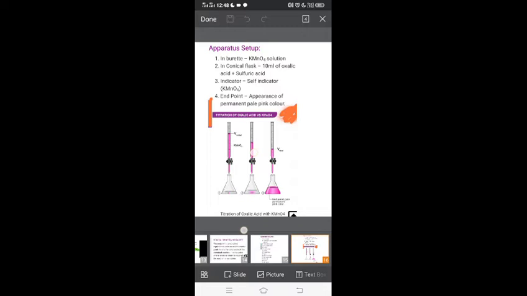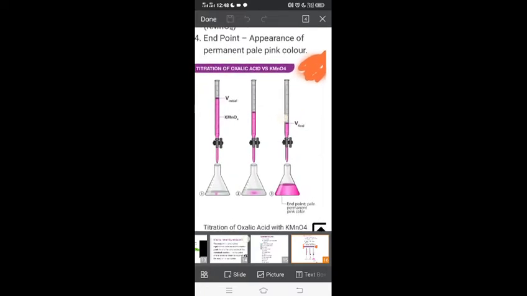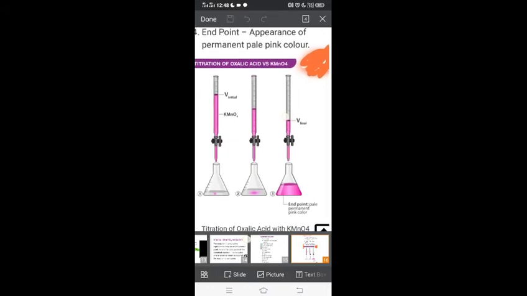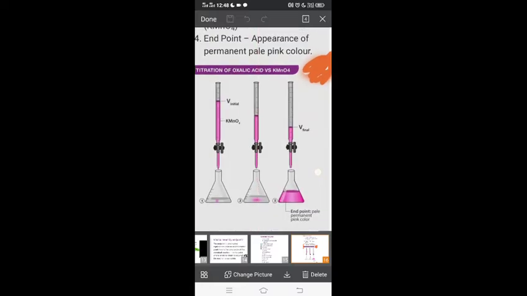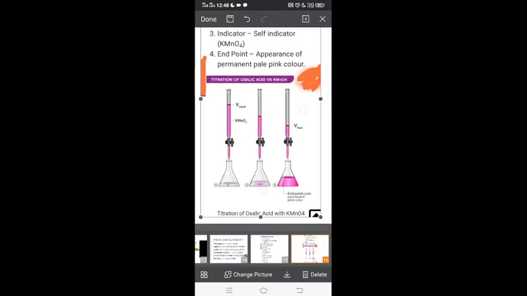So when you will start adding KMnO4 from the burette, as you can see in 1, 2 and 3, initially you will see a drop of pink color in the conical flask. Then in the second conical flask, you can see that the drop is becoming brighter, and in the third you can see now the whole solution has uniformly turned pink. So this will indicate the end point. That means a pale permanent pink color will indicate the end point of the titration.